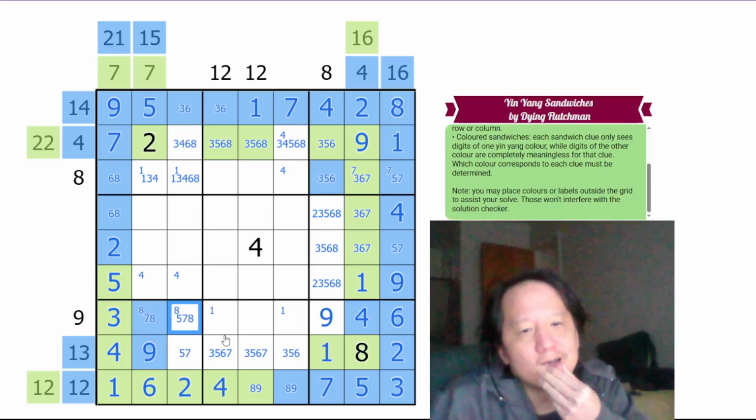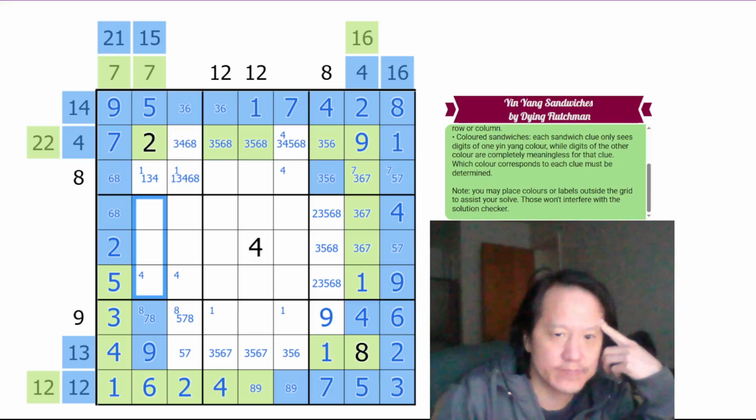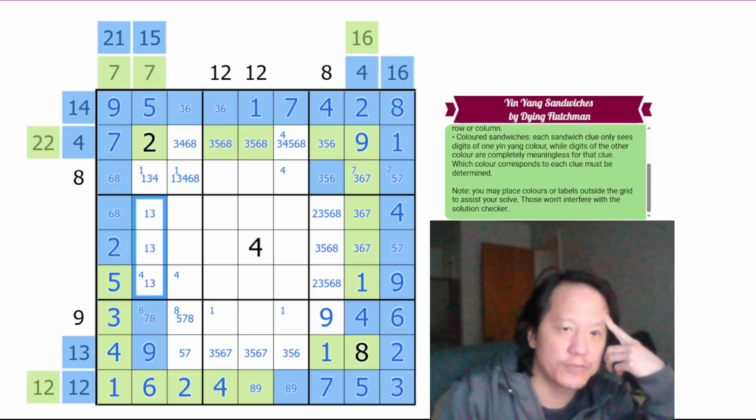Remaining digits in column 2: we have 1, 3, 4, 7, 8. And obviously this can't be 1. These can't be 4.